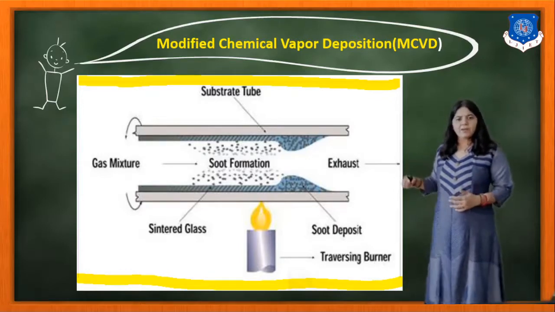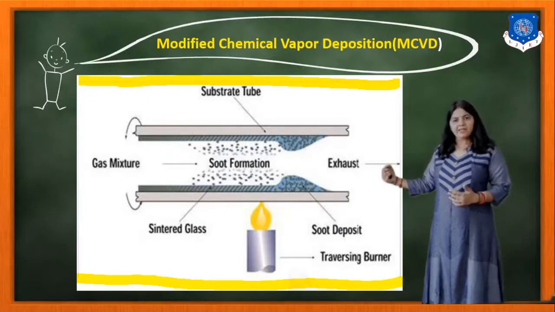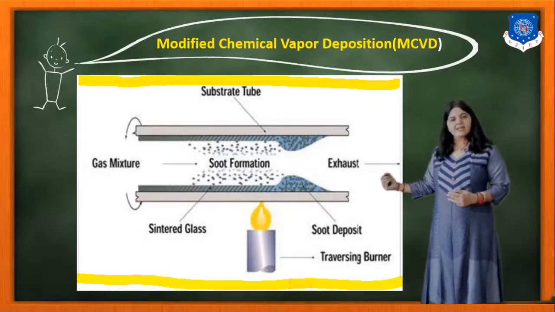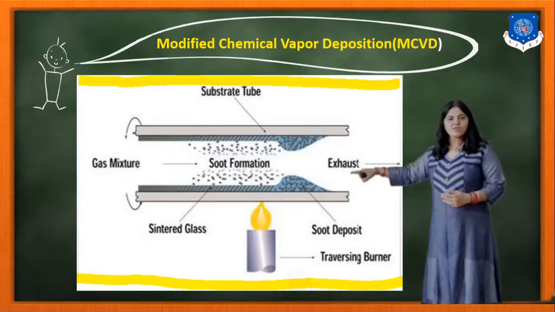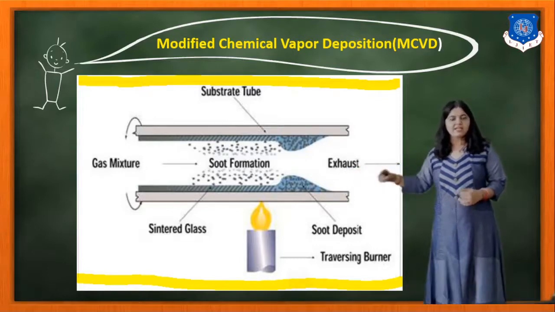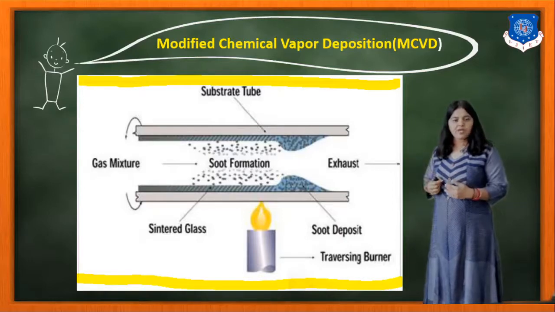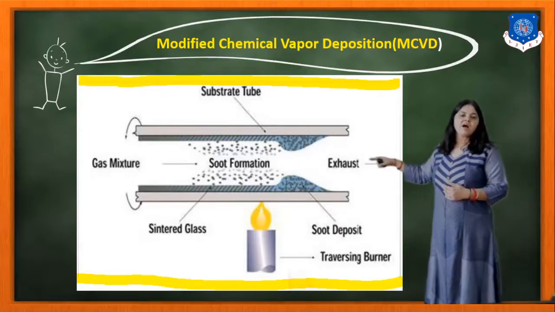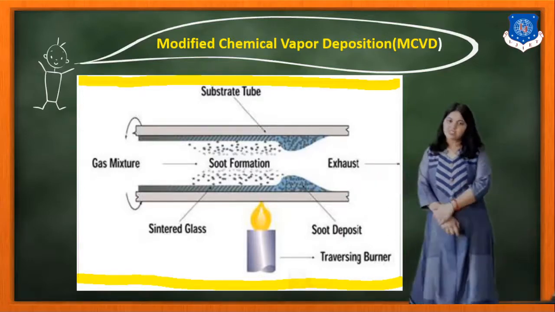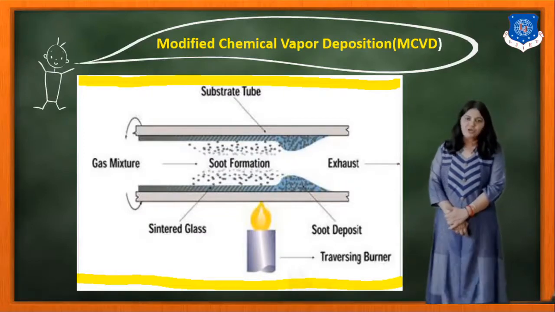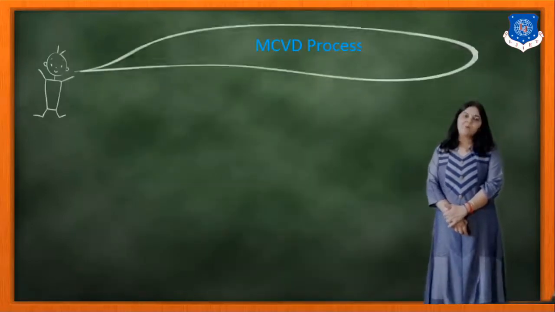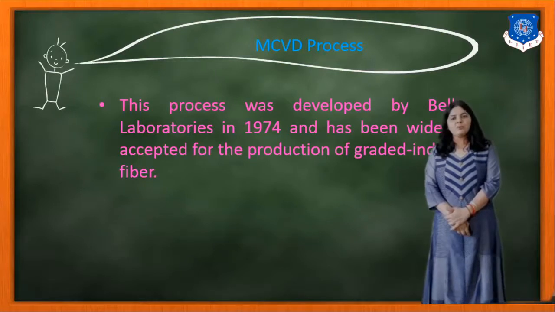While the temperature increases to a high temperature, the soot is deposited inside the substrate tube. You can see how the layer is formed inside the tube. We will study what is to be done.